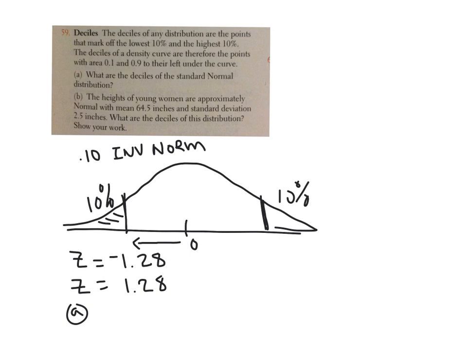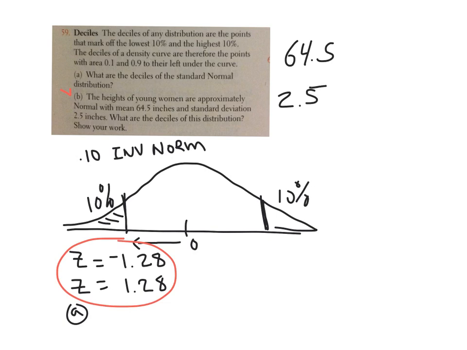So we can use this fact that we just came up with to approach letter B. The heights of young women are approximately normal with a mean of 64.5, that's the average, and a standard deviation of 2.5. So what would I do to figure out the deciles?